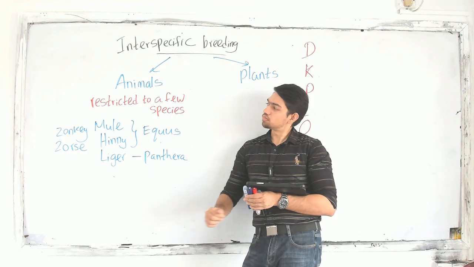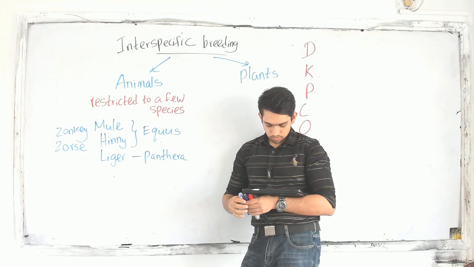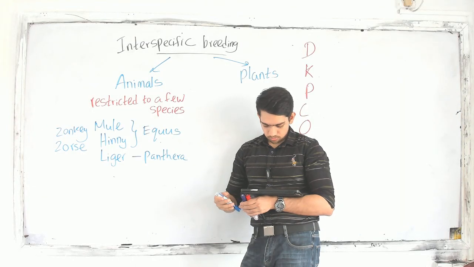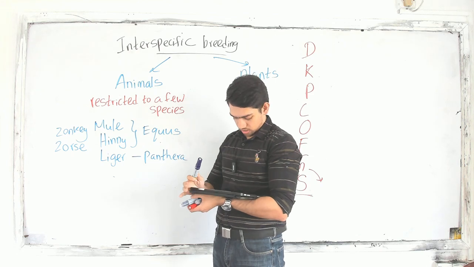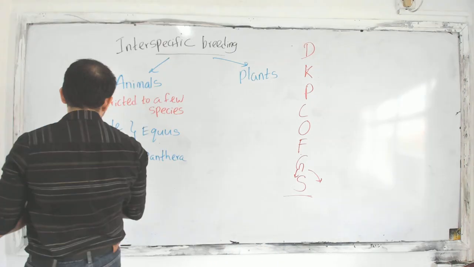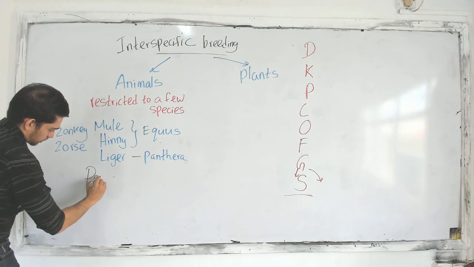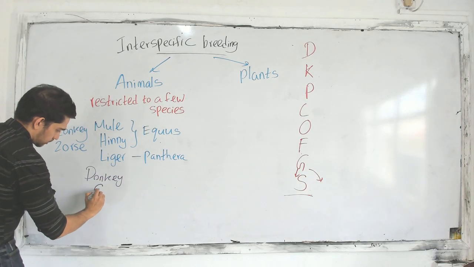There's a big problem in animal interspecific breeding. What is the problem? You can explain it using donkey and horse. Donkeys have how many chromosomes? 62.